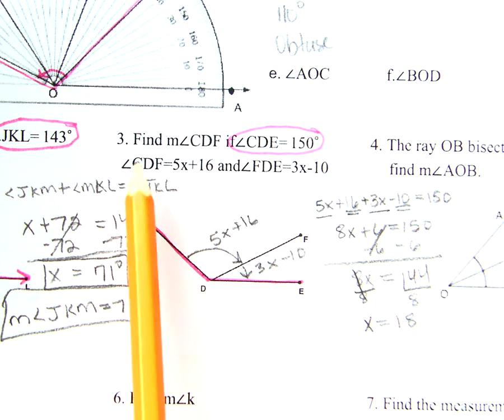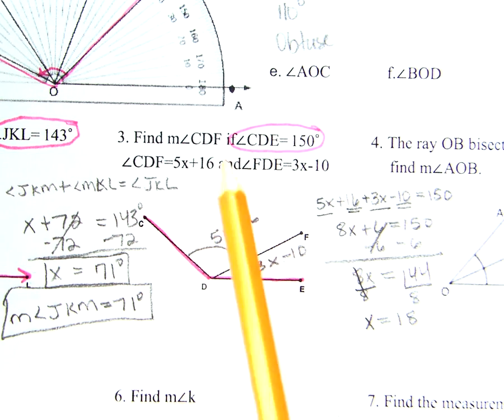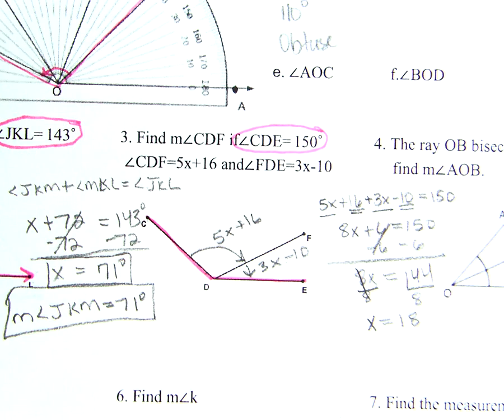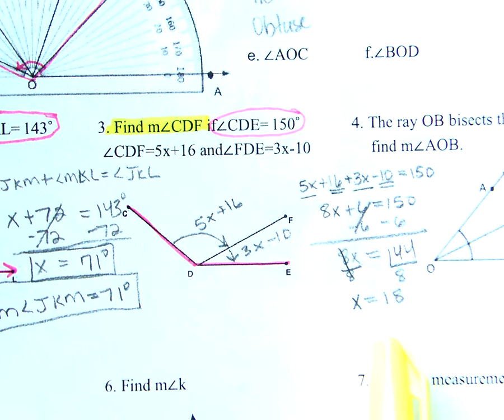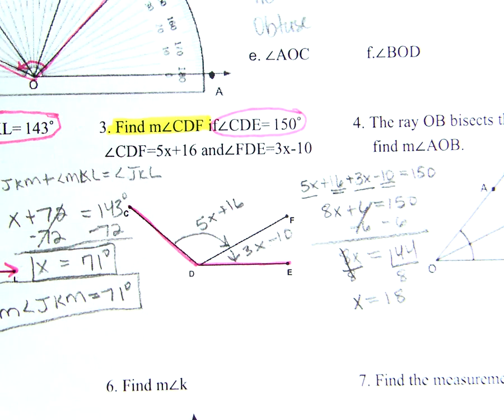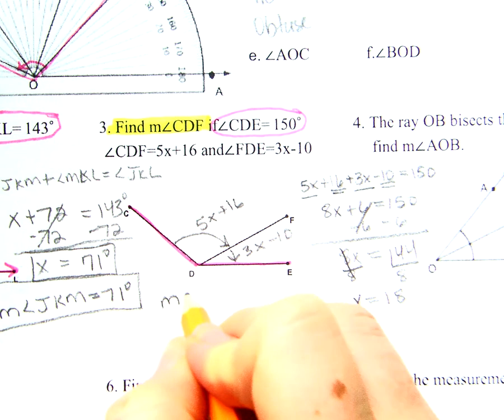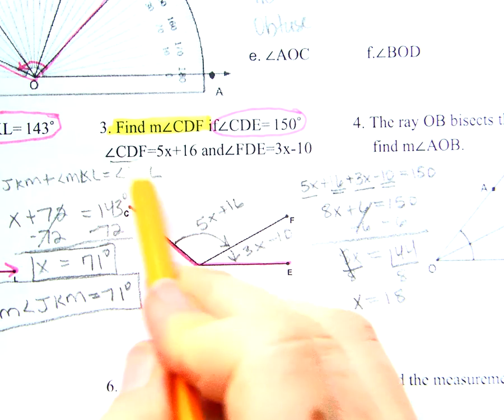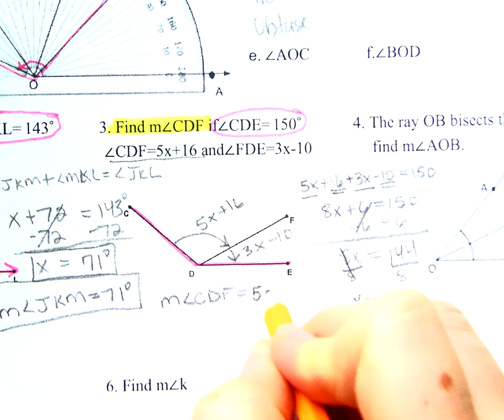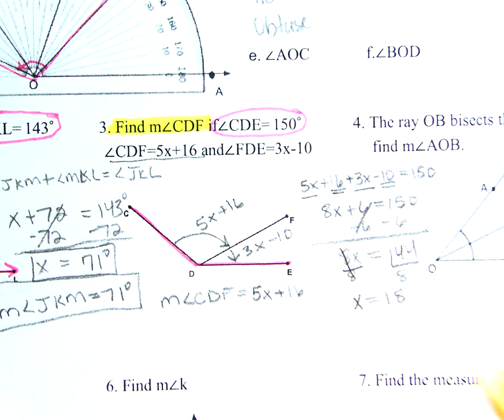So notice I need to be careful. Always go back and ask yourself, what is this question asking? It says find CDF. So I can't stop at x. I need to go all the way to CDF. I know I can find the measure of angle CDF by taking 5 times x and adding 16.